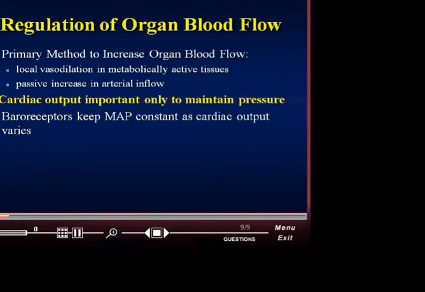So on the regulation of flow, the primary mechanism by which the organs of the body increase their tissue perfusion is by causing that tissue itself, the brain, the kidney, the muscle, to locally vasodilate based on its metabolic demand. And what happens is there is a passive increase in flow because there's a high upstream pressure. I decrease the resistance and I increase the flow.